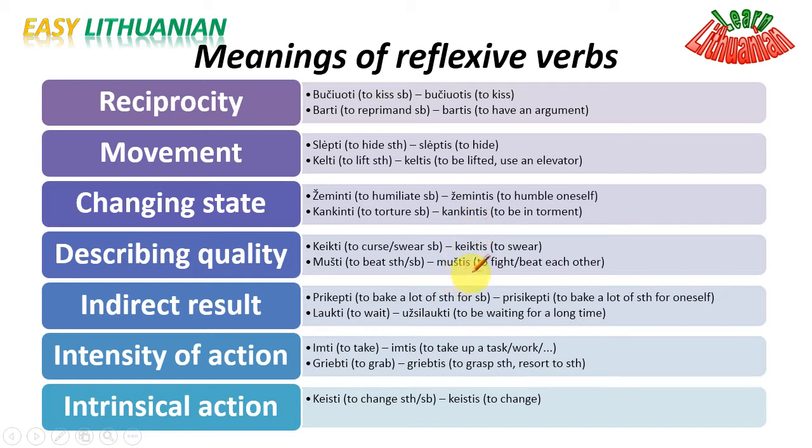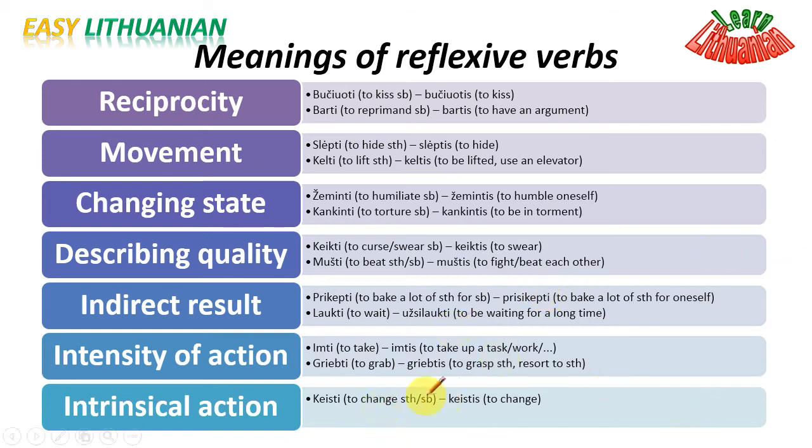You'll see a new verb, a new vocabulary word. You'll see, this is a reflexive verb. Perhaps it is describing quality. It doesn't necessarily mean that this is a reciprocal action, or the action is directed to the doer. This can describe quality. Or you'll see a new verb, it's a result. It's a result, so that's why there's a reflexive verb for this word in English, for example.